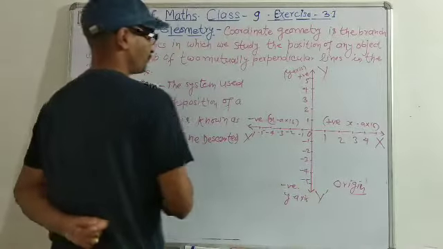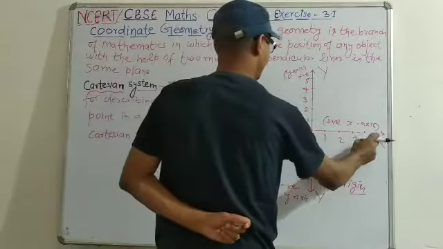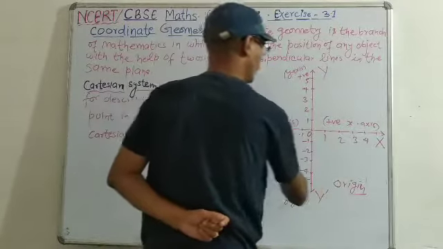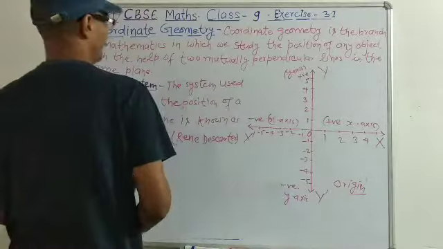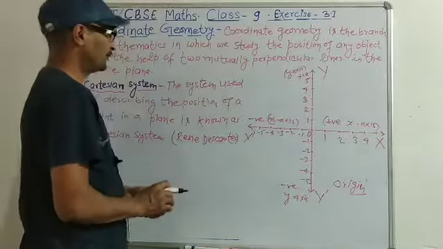The x dash line is a horizontal line, and the other is a vertical line. These have particular names. For this exercise 3.1, you only need to know this much.